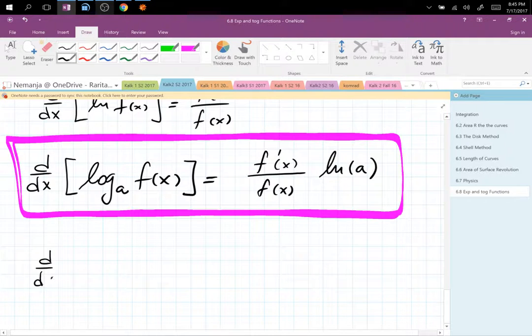So let's find the derivative of log base 7 of tangent squared x, because we can.